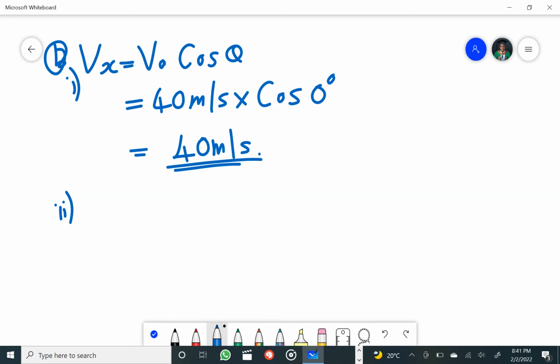Then for the vertical, remember we are basically using the equation that we used to find final velocity. It's the initial velocity, but this initial velocity we are now going to write in terms of the vertical motion.